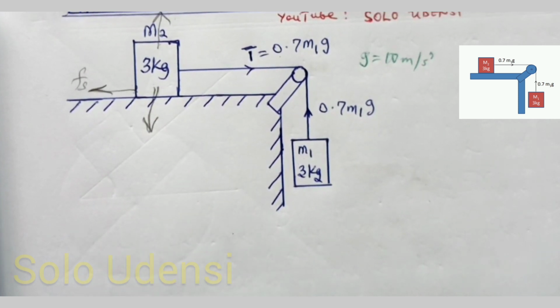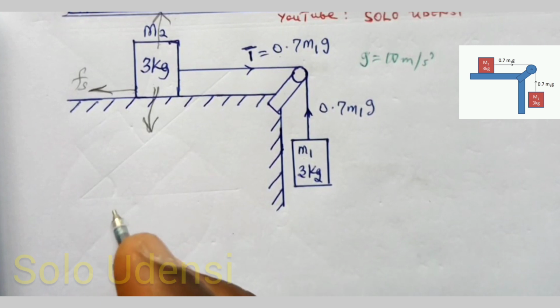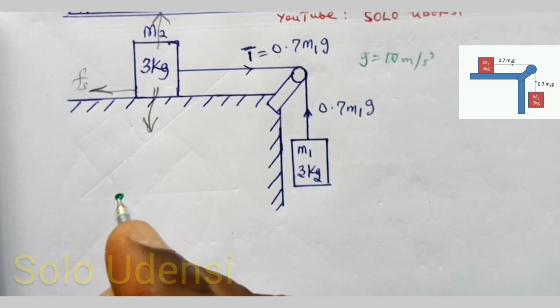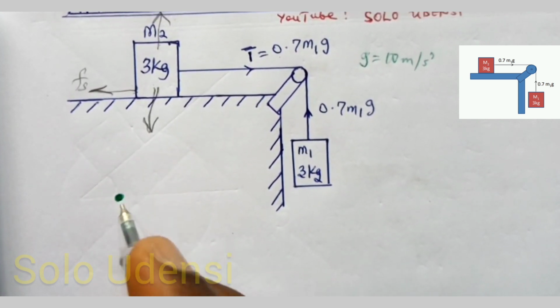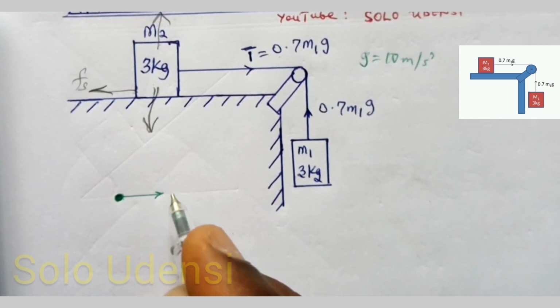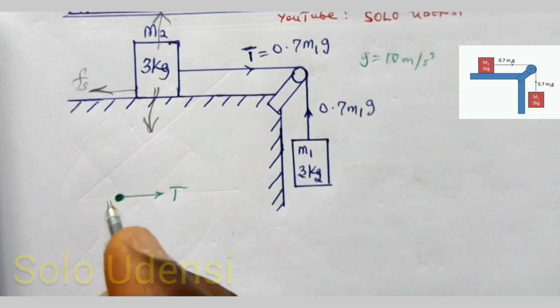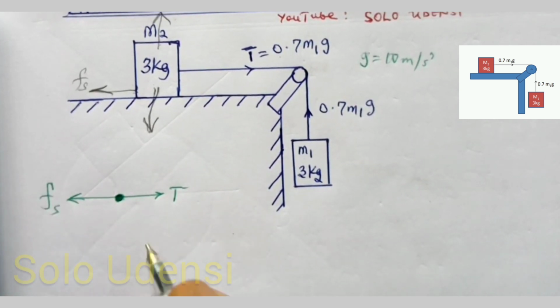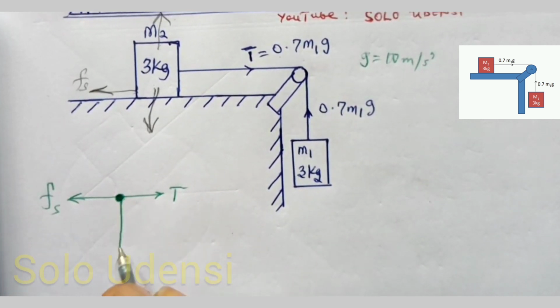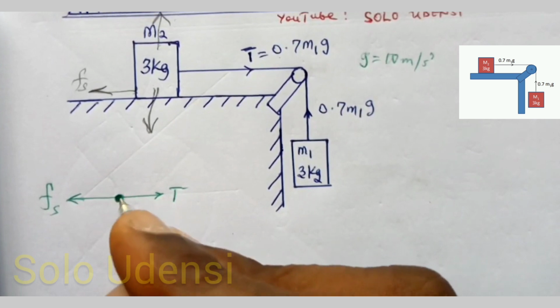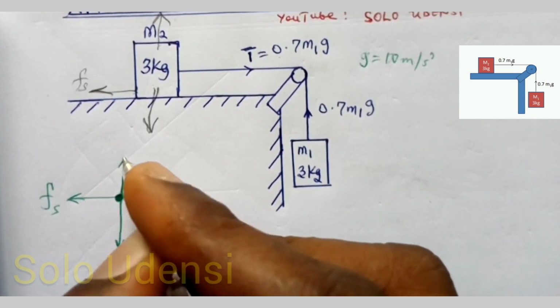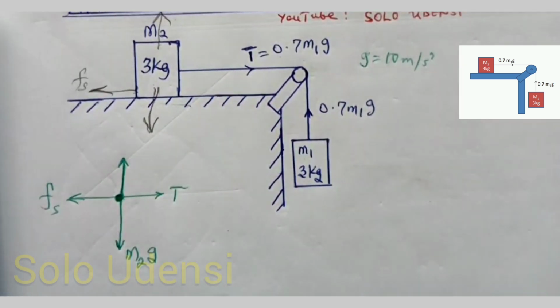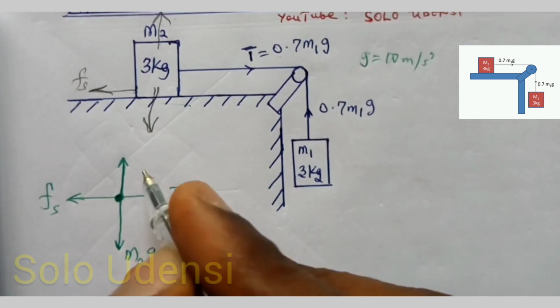The free body diagram for M2 will be, let's use this as M2 now: to the right is tension, to the left is frictional force, downwards is the mass times the acceleration due to gravity, that's the weight, and the upward reaction on this smooth plane is R.